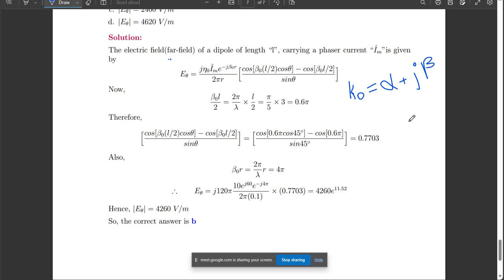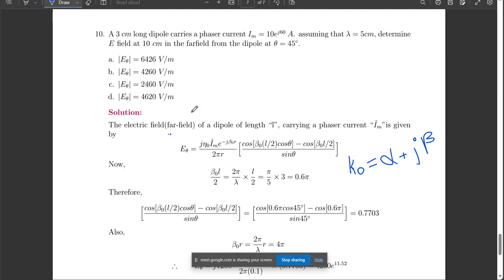Alpha here is 0, since the attenuation constant is not given in the question. So k naught becomes j beta, or the modulus of k naught becomes the modulus of beta.